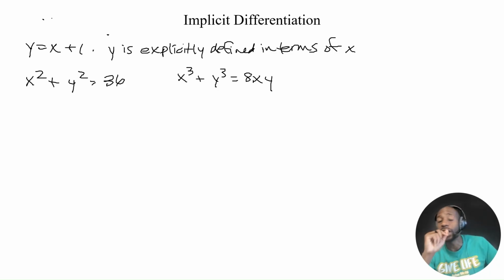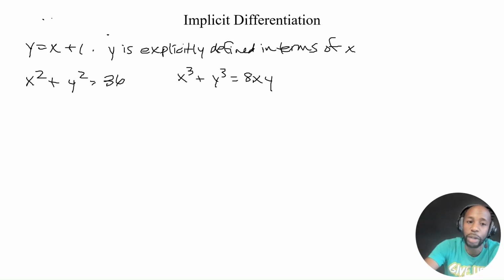Now, sometimes implicit functions can be defined explicitly. In other words, sometimes you can take an implicit function and define it explicitly.